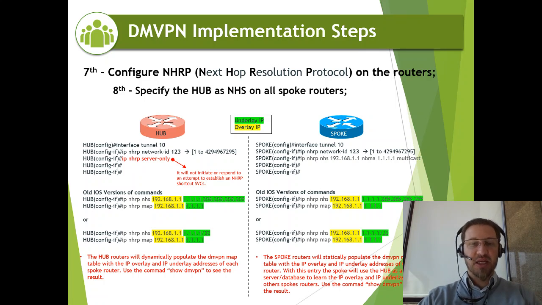You can see on the slides an example in yellow and in blue for old IOS versions of commands. Remember that NHS is Next Hop server, that's always the hub, okay?